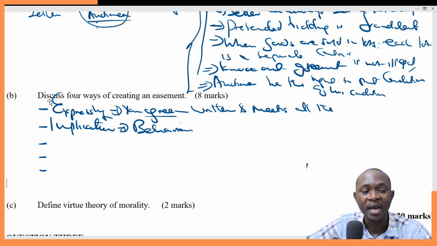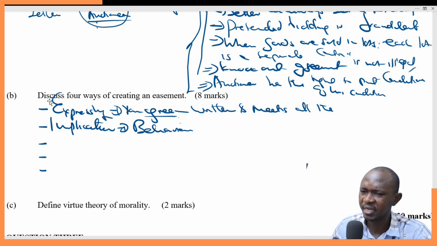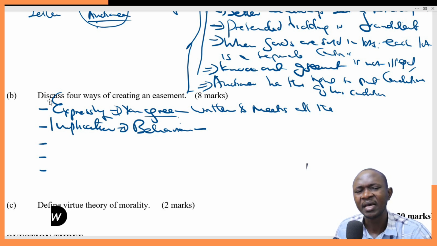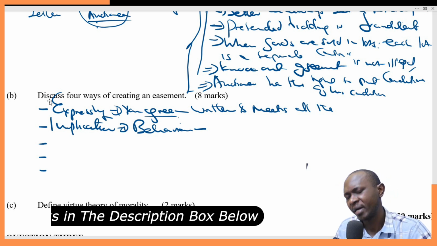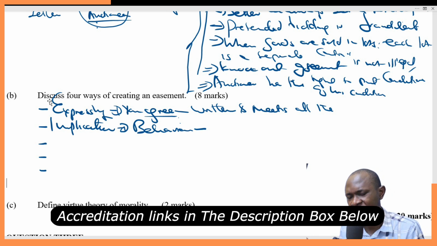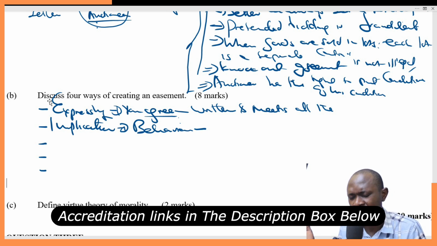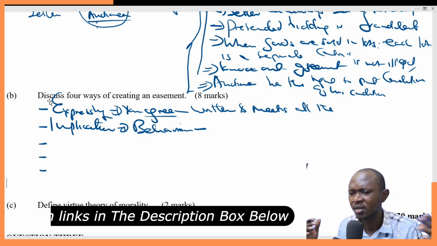So what we can possibly say here is that the surrounding circumstances dictate that the easement must have been intended by the parties. The surrounding circumstances, the way you carry yourself, the body language, the conduct, the behavior, shows that you have allowed that kind of behavior.